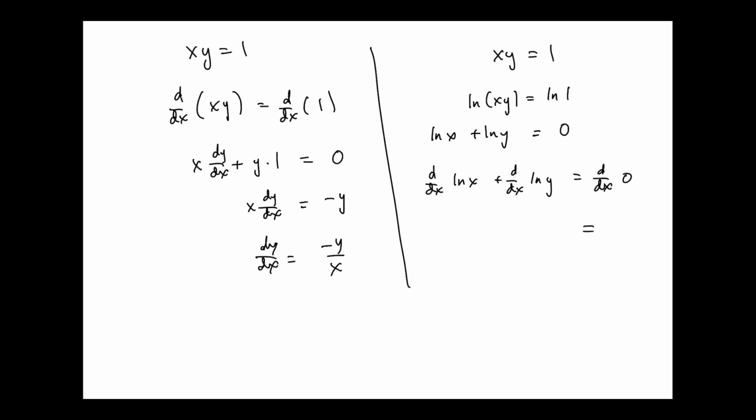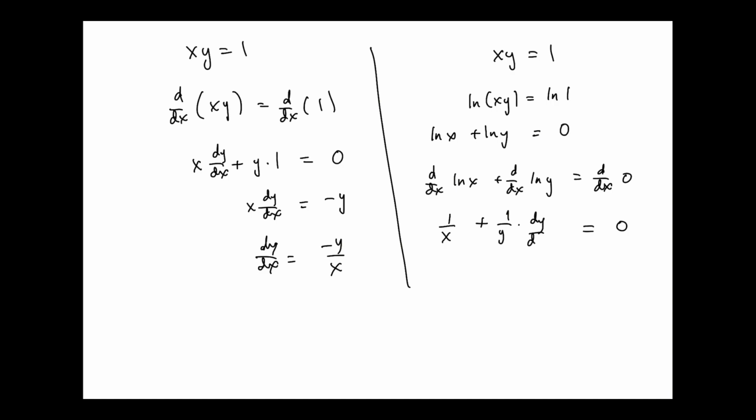Now, what's the right-hand side? 0, it's constant, no big deal. What's the derivative of natural log of x? 1 over x. What's the derivative of natural log of y? 1 over y times the derivative of y, which is dy dx.